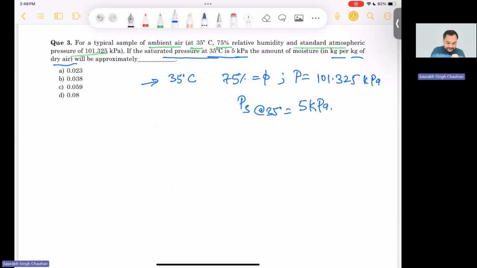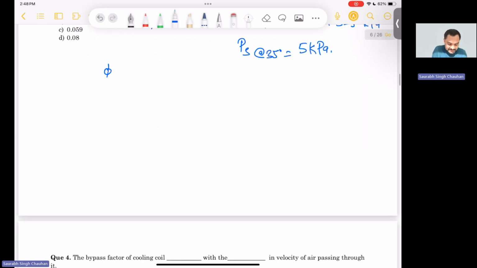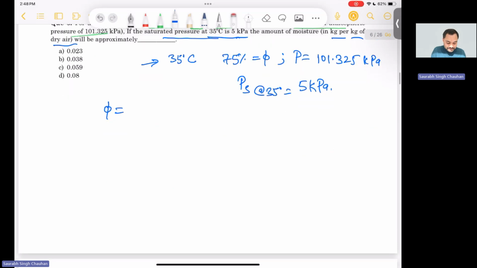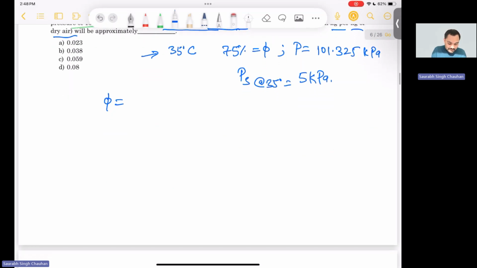Do you know what relative humidity is? We have discussed it in the previous question. It is the mass of water vapor divided by the maximum mass of water vapor that can be there in the air.